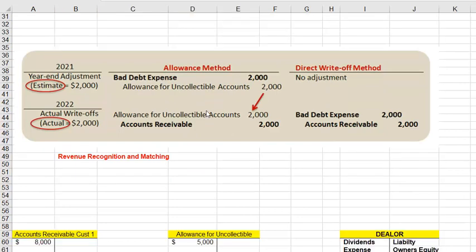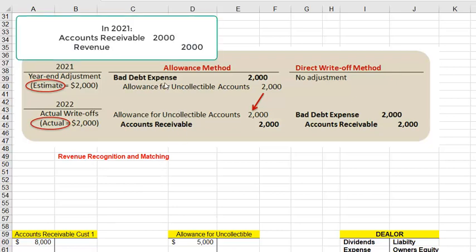Here, just showing you the example that's in the book for the allowance versus direct write-off method. What's important to know is the allowance method that we'll do an example on here shortly is showing revenue recognition in the period we do the service, and matching of the bad debt expense in the same period that we recognize the revenue for our service or our sales.